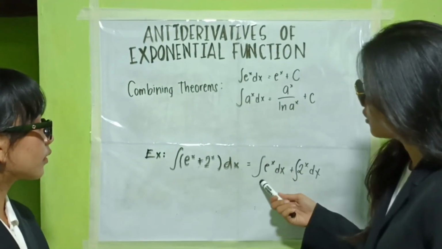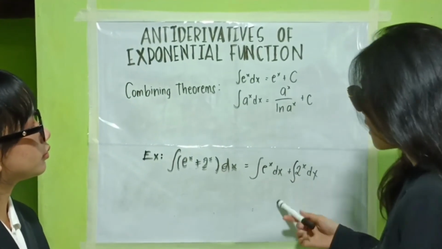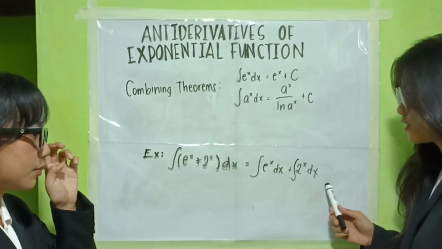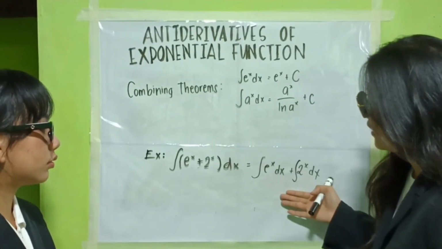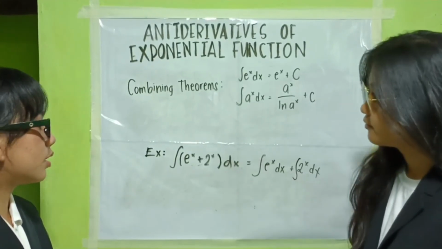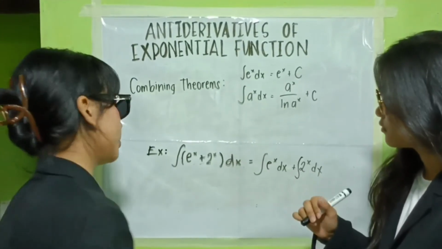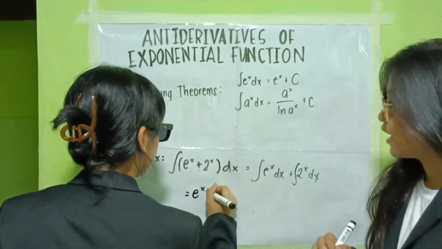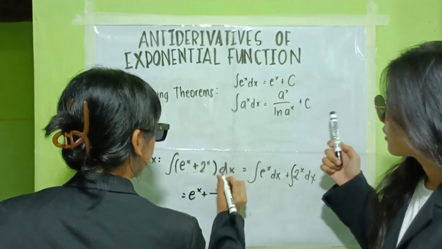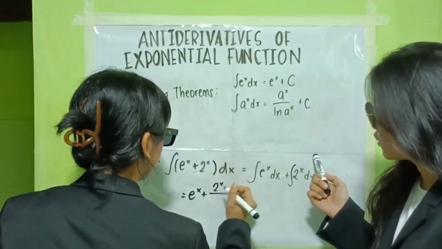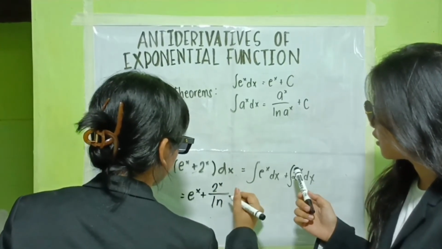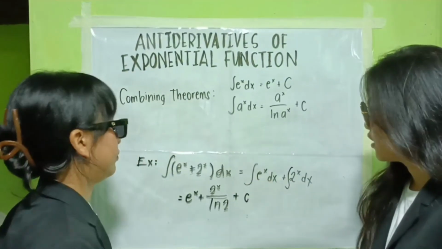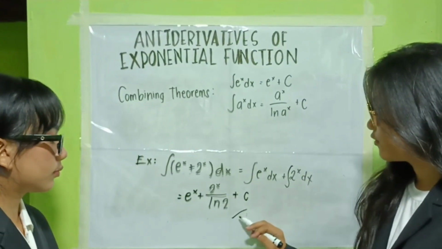So, the integral of e raised to x dx plus the integral of 2 raised to x dx. Applying the two formulas, we will have e raised to x plus 2 raised to x over natural log of 2, plus c. So, this is our final answer.